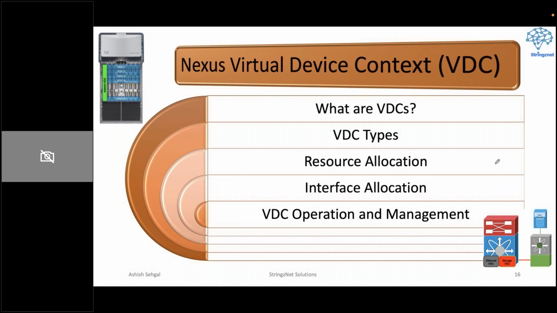Unlike the CCIE Data Center version 1.0 candidates, who were asked to chop one Nexus 7000 switch into a VDC for the purpose of storage area networking. But we will be covering that as well, in good detail in storage area networking.